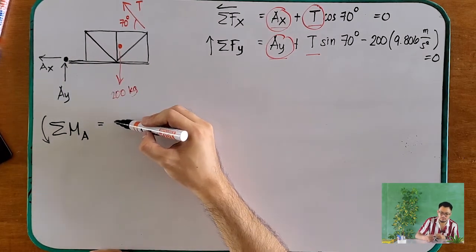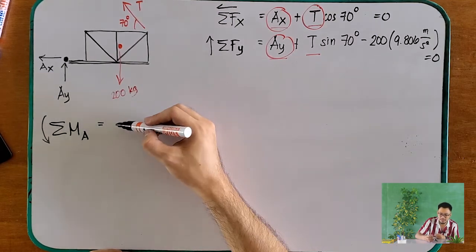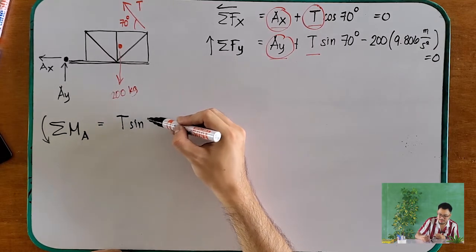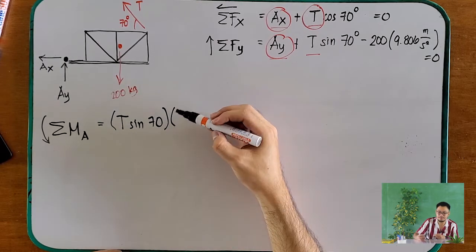So, summation of moment at point A, first our vertical component which is T sine 70. Moment arm of how much?